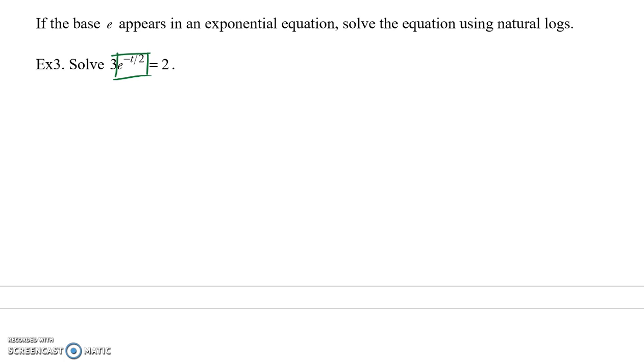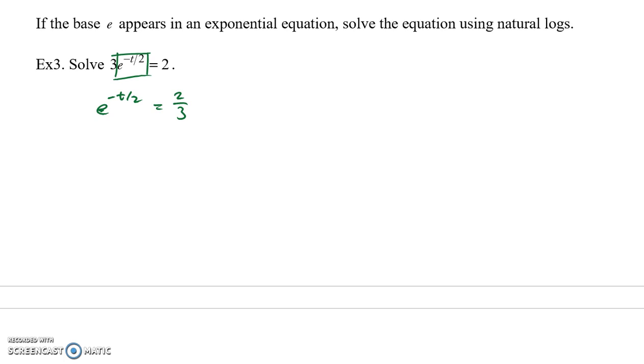So we want to isolate that by dividing first both sides by 3. e to the minus t over 2 equals 2/3. Now, with 2/3 being a repeating decimal, I'd rather not write that as a decimal, say as 0.67 or something like that. I'm just going to leave it as a fraction. This helps to preserve better accuracy in my solution.